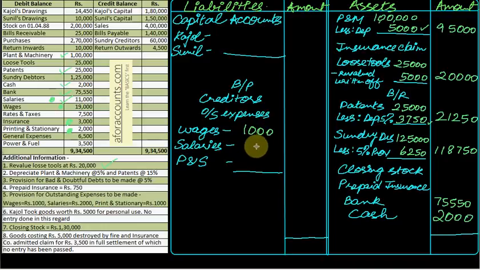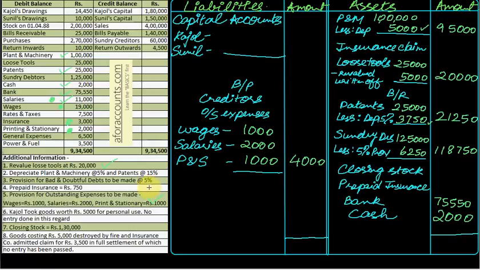Outstanding salaries was 2,000. And outstanding printing and stationery again 1,000. So the amount comes up to 4,000. Balance sheet. Every point which is given as additional information, दो effect देना ही है उसको. Okay. So this point also done.